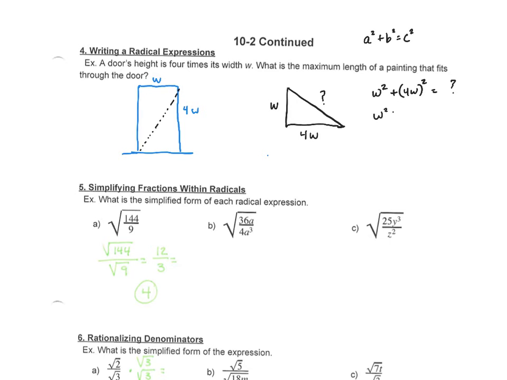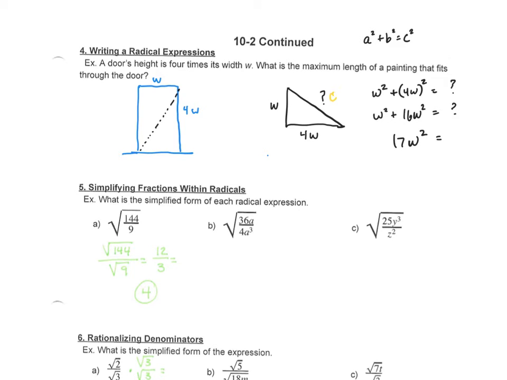So this is w squared plus 16w squared equals some number. So I have 17w squared equals, I don't know, what is that going to equal? But I do know that it's going to be, we'll call it c, right?